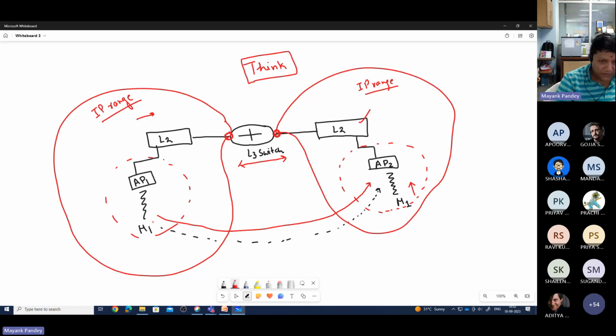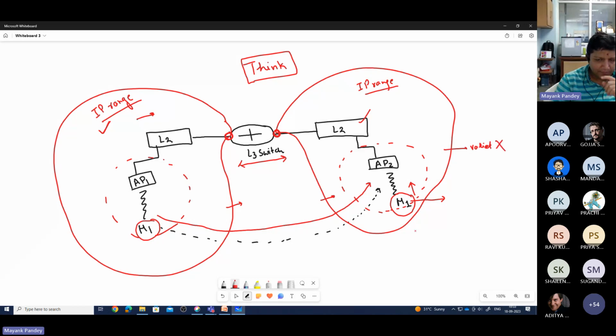Now, once this node M1, which currently has an IP address from this subnet range, moves outside this subnet and joins another subnet, can it keep its own IP address? Because M1 has an IP address which is actually not valid in this subnet.